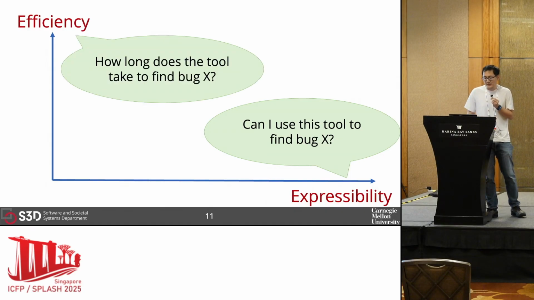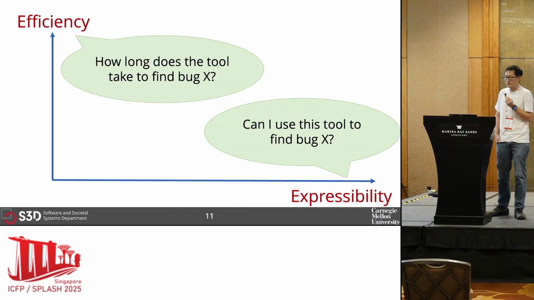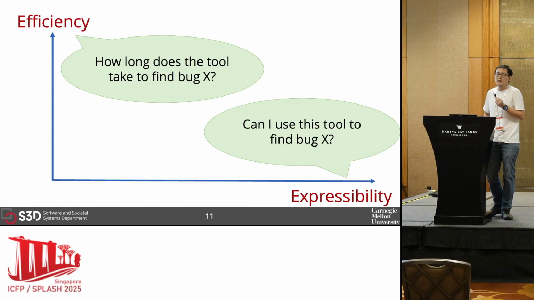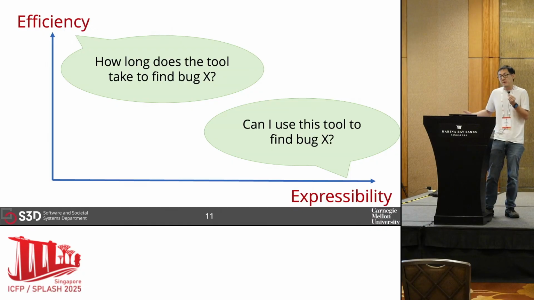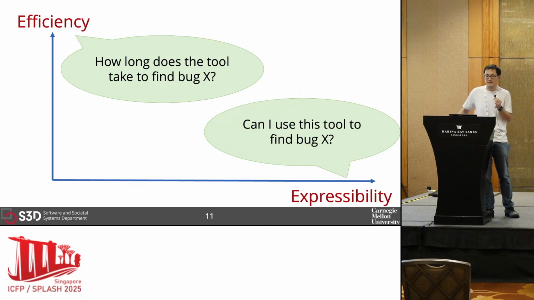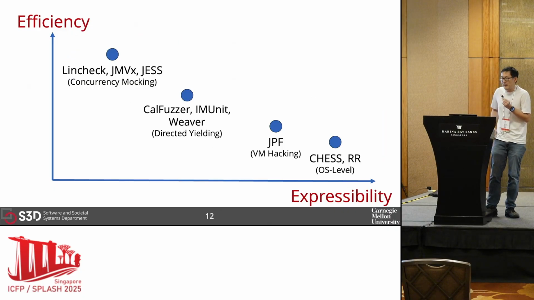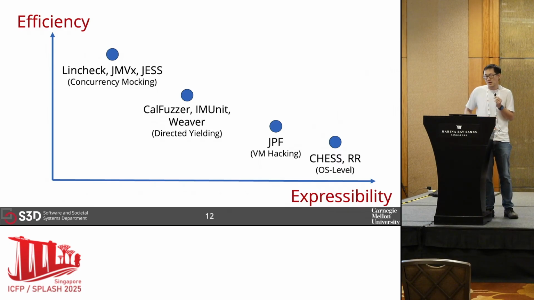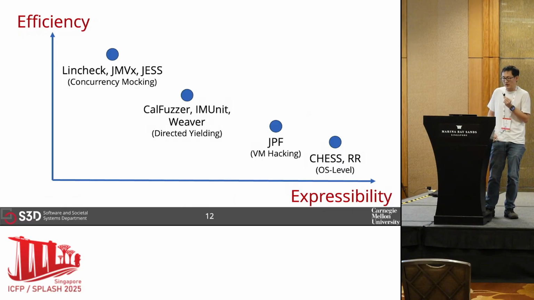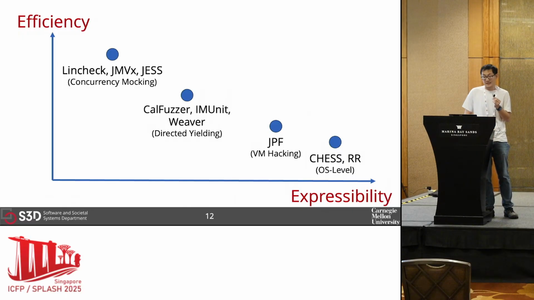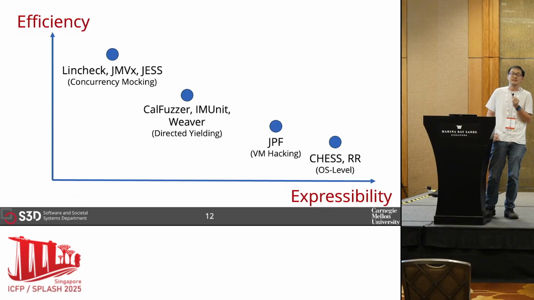The second is efficiency: how long does a tool take to find certain bugs? In the previous example, you can see that running the test again and again may find a bug. It just takes 3 years. I can't really use that to test my concurrent software. So by putting all the prior work in this coordinate system, we notice that none of them achieve both expressibility and efficiency at the same time.